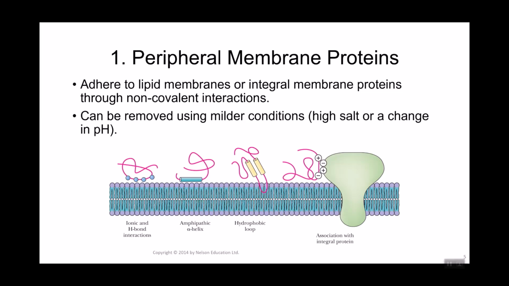Now there are some peripheral membrane proteins that have little hydrophobic loops that kind of dip into the membrane and then come back out. And they are different than an integral membrane protein that would be more tightly bound. The fourth way is that a protein can stay peripherally bound by interacting through weak non-covalent forces with another integral membrane protein.